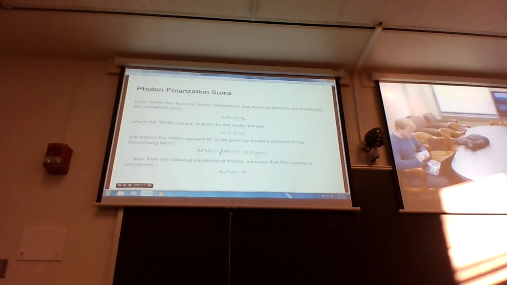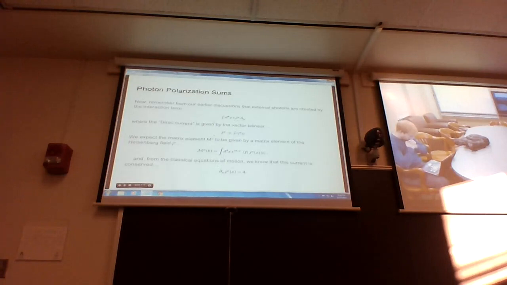I take the position space version of it and do a Fourier transform, because I want to work in momentum space. So we have this general expression. This is just the matrix element, with some interaction between the initial and final states.